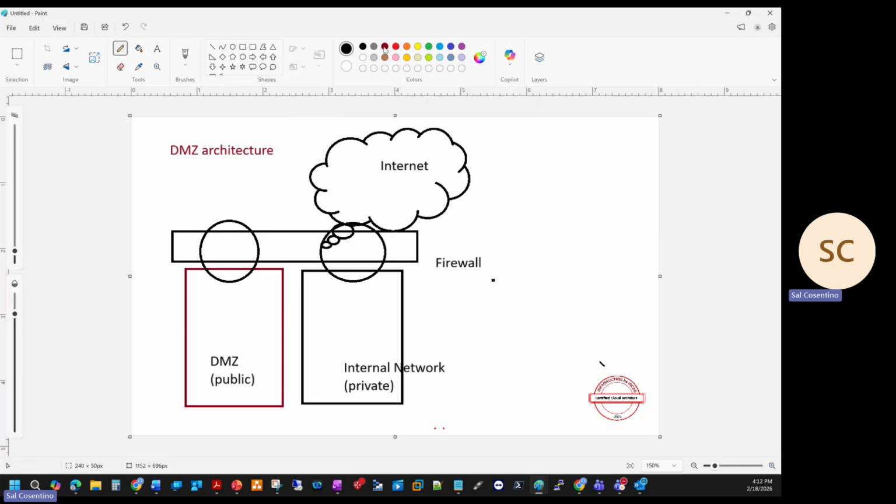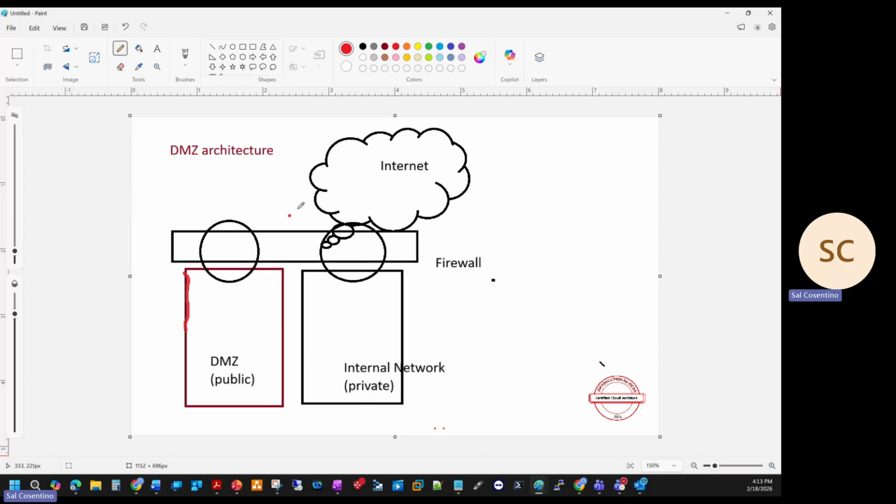So if we were to start drawing from the network design perspective, our demilitarized zone, or DMZ, is a separate network segment, right? So this is all segmented, right? A border for public facing services like web servers.